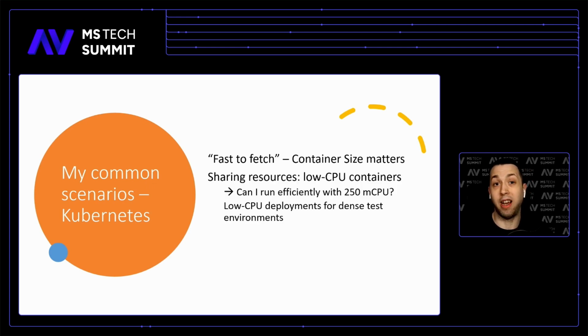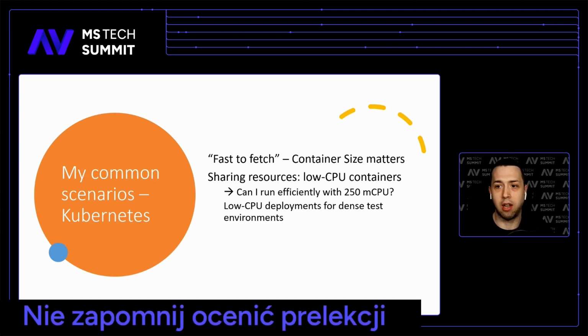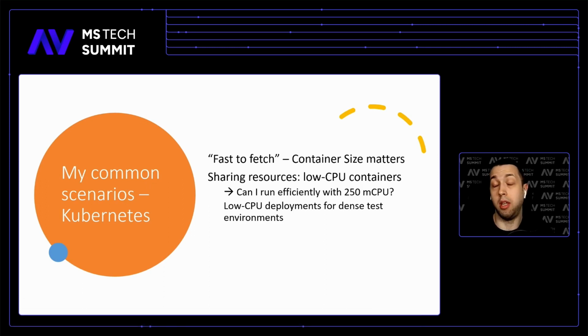Also, if I have high density deployments, for example, if I run 20 to 30 pods on a single node, I do want to set memory requests and also limits. But then if I set limits, can I run efficiently on like a fourth of a CPU? Does it improve throughput, or do I need more performance for jitting during startup? So that can be kind of an issue.